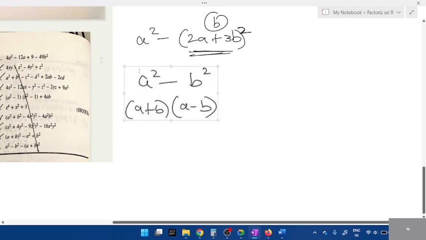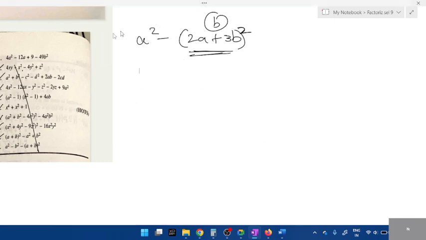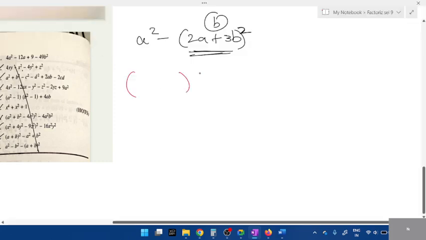See, same like this. Now tell me what is a plus b, students. What is a plus b? A is a itself plus, what is b? 2a plus 3b. Next, a minus, what is b?